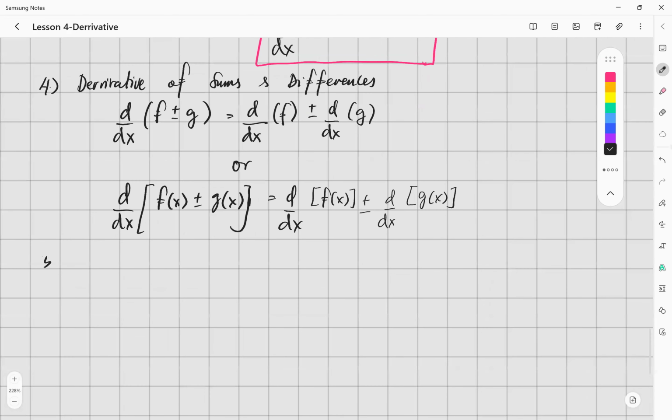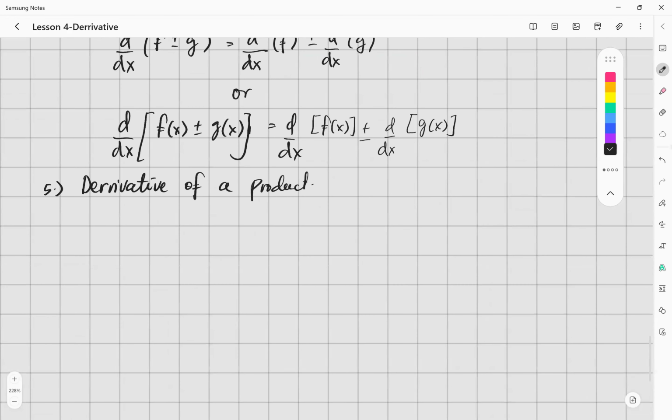Now, the derivative of a product, what you call the product rule.